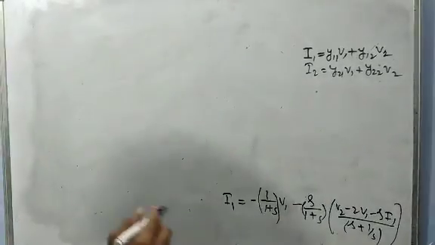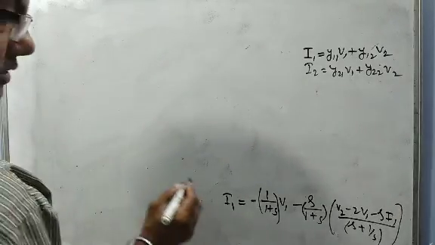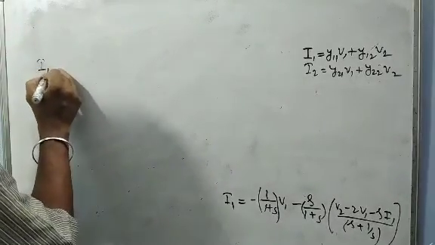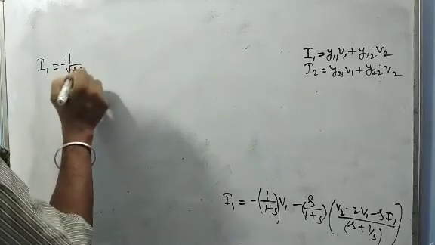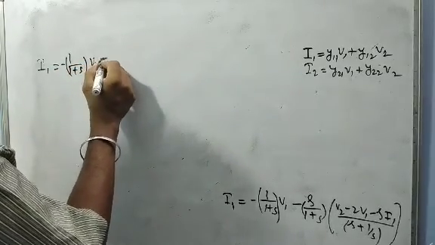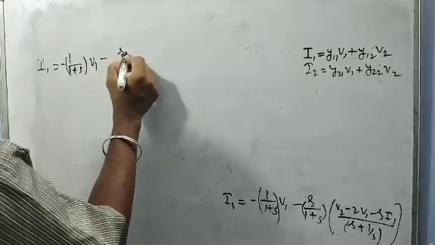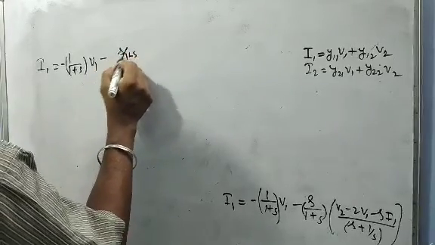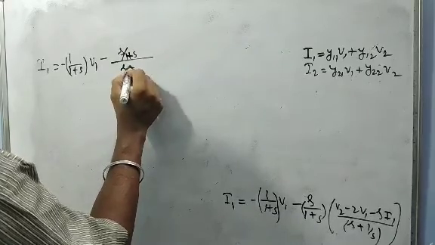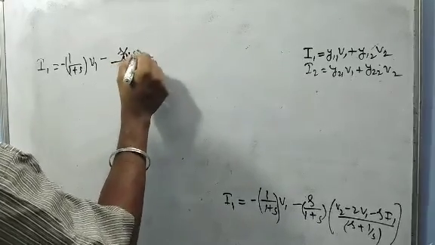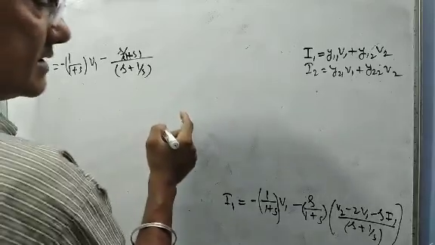So finally what you will be getting, I1 equals to minus 1 by 1 plus s V1 minus s by 1 plus s divided by s plus 1 by s. So this thing you must be very much aware.